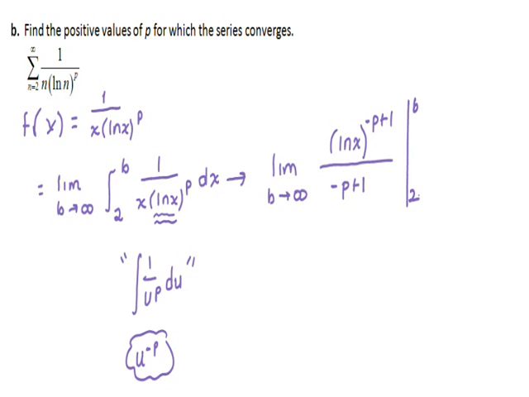Now, to finish this, you're going to have to take a little bit more of an intuitive approach than a calculation type of approach. And you want to be very cognizant of the fact that this ln of x in the numerator is going to, as b gets very, very large, go somewhere, for lack of a better word.